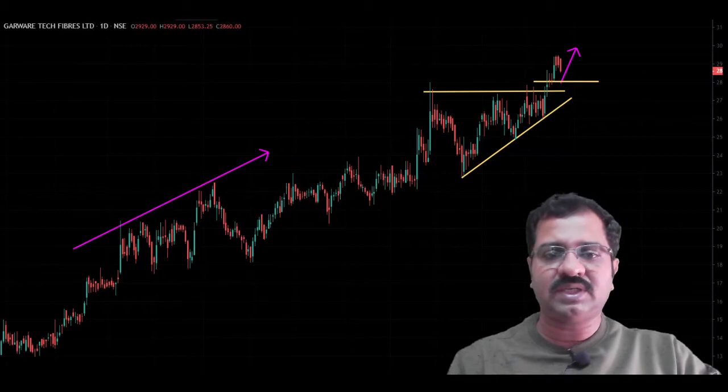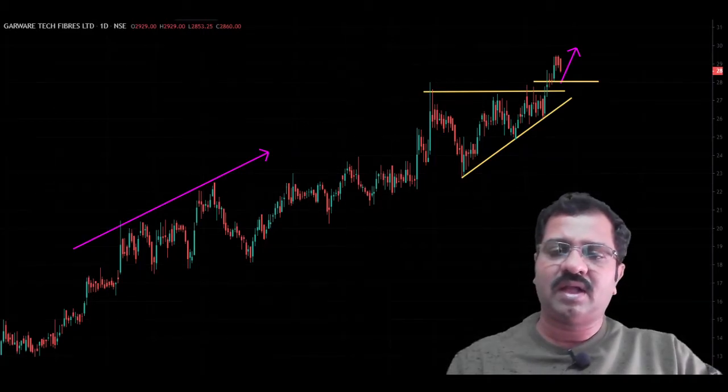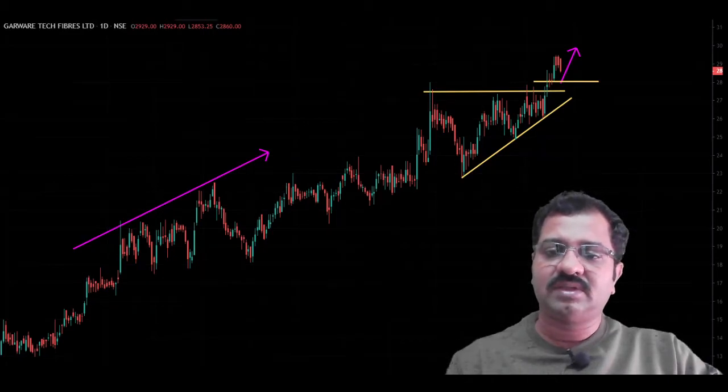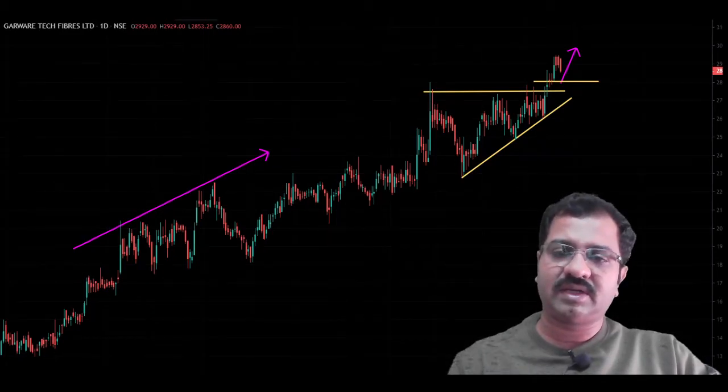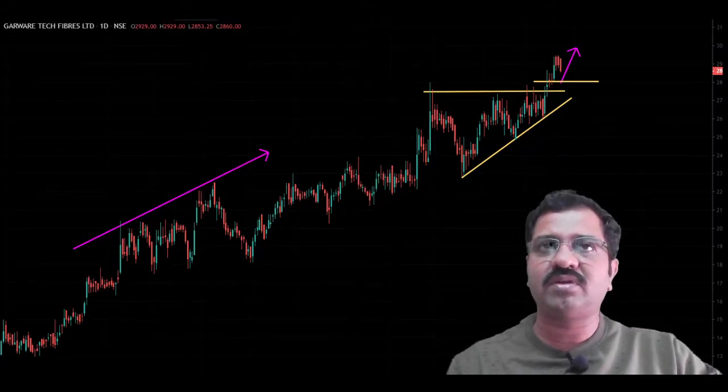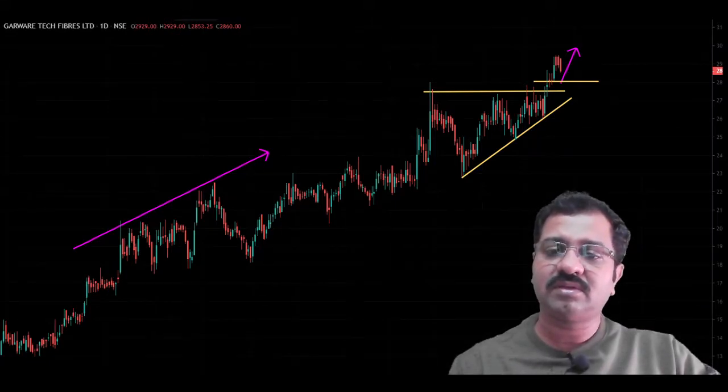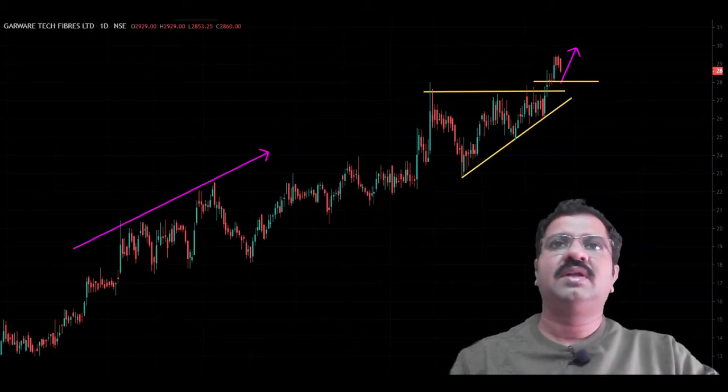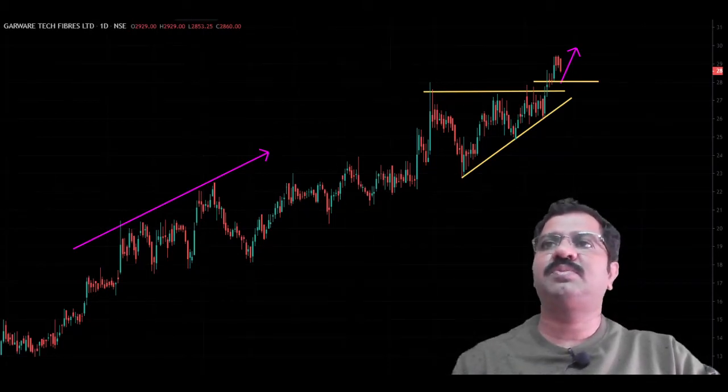If price is in a downtrend and an ascending pattern forms, you can still trade it, okay, but in that scenario you have to look for a trade on the downside. Okay, first let me complete this part.